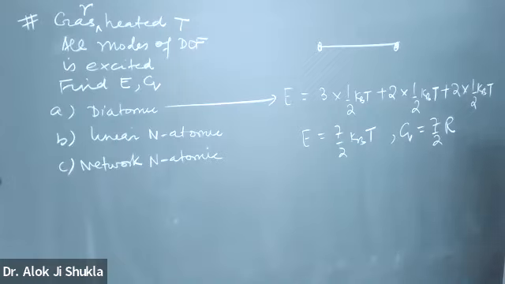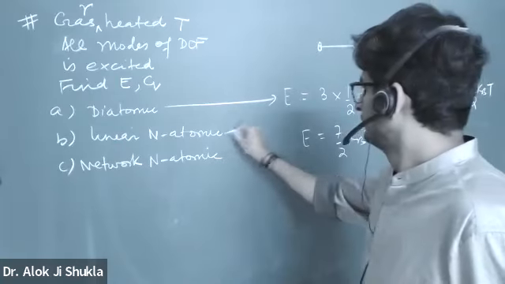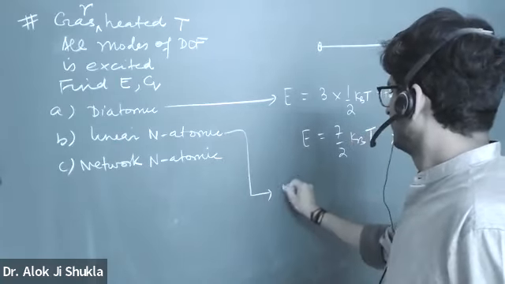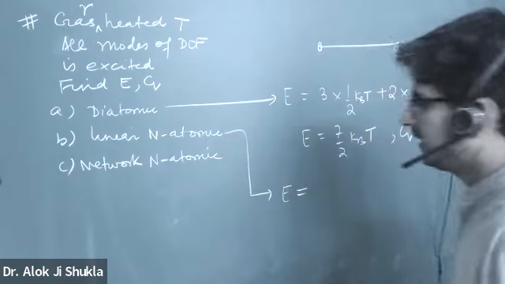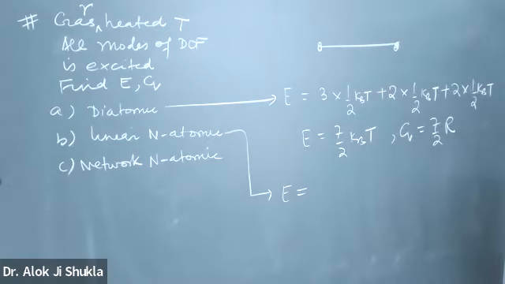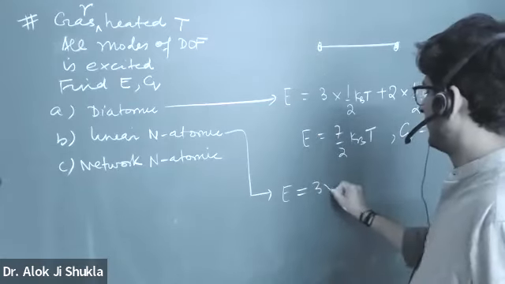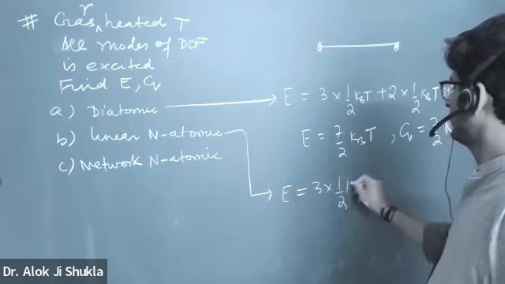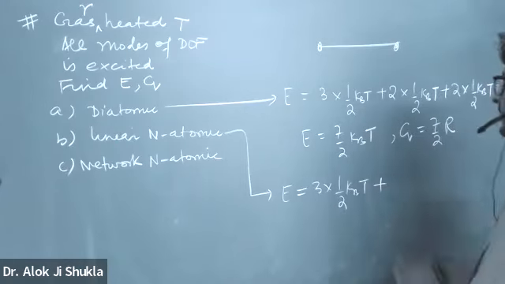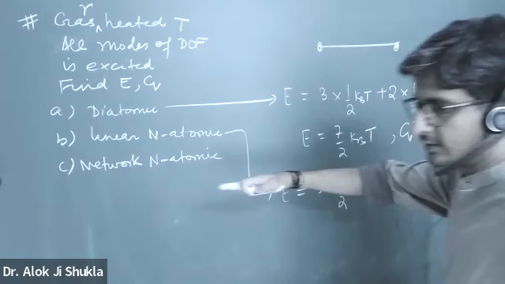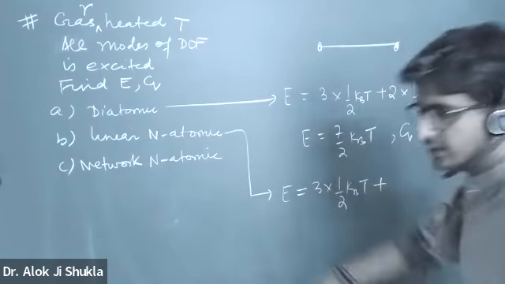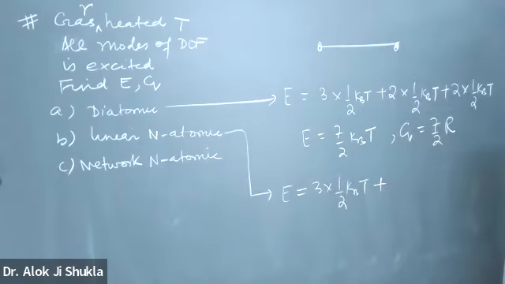Now for linear, the energy is equal to, for linear what will it become? Think about it. It will be 3 into half kBT, all three translational modes. And because it is linear, one rotational mode will be killed like it was done in diatomic.